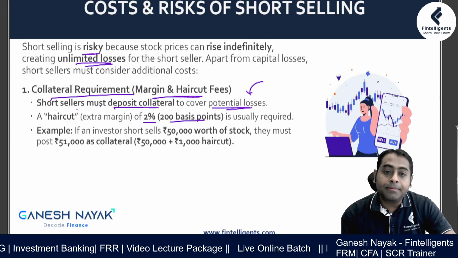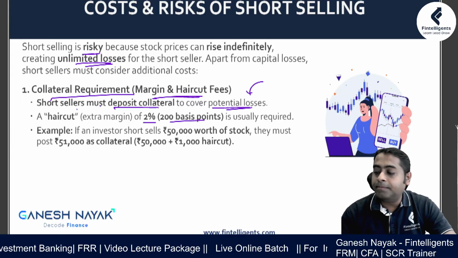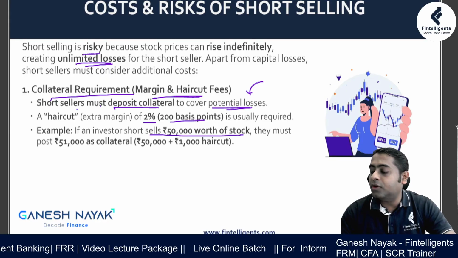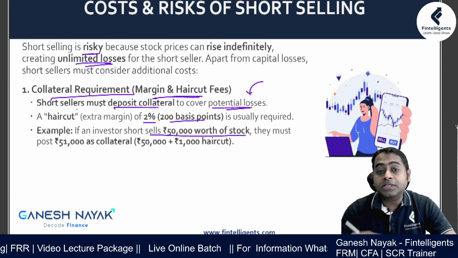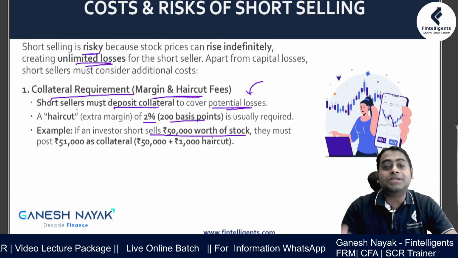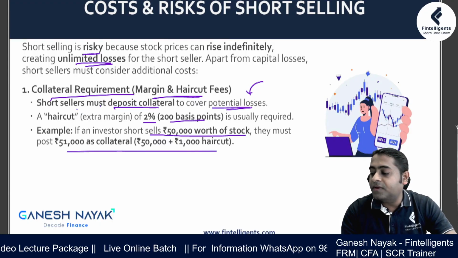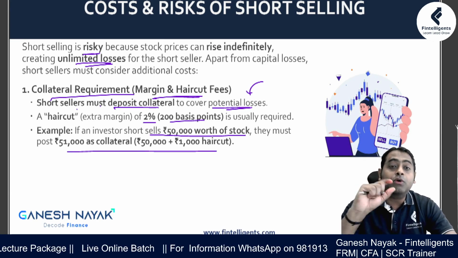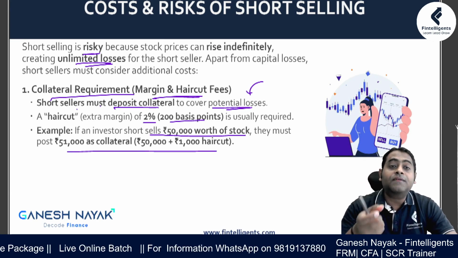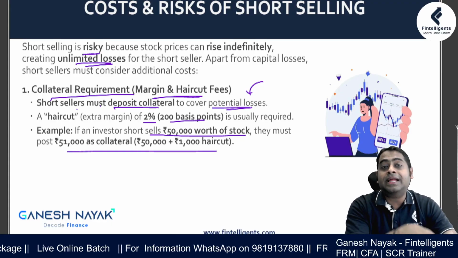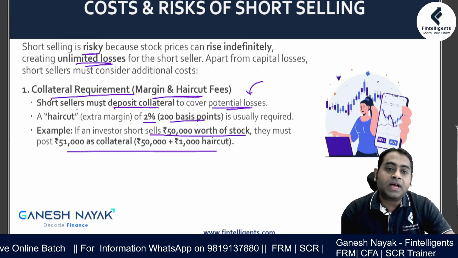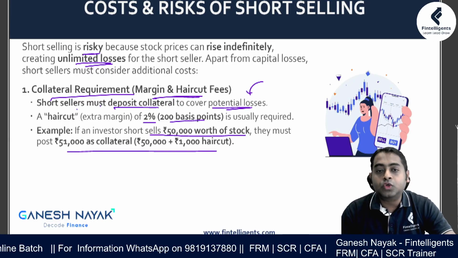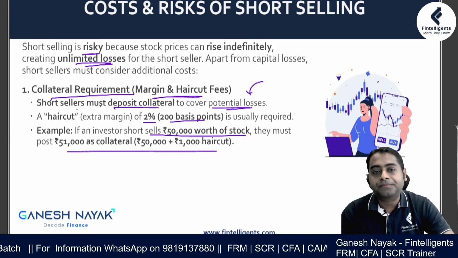So if I want to sell shares worth 50,000 rupees, I will have to keep a collateral of that 50,000 plus 2% extra. That is going to be 51,000. Why? Because I need to have some buffer. I cannot have the exact same value of that asset and the stock that you have sold, because the stock price can fluctuate very fast and then there can be a loss. So to avoid that, you keep that haircut.